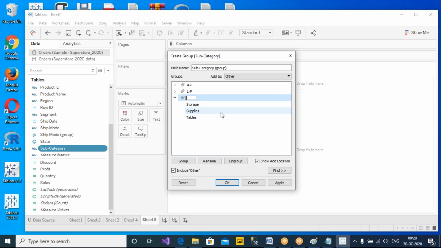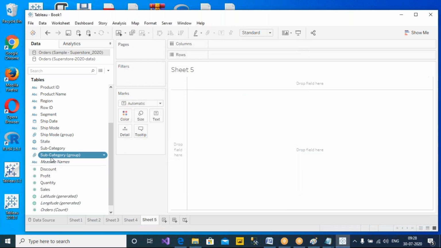So I'm creating 3 different groups here, and unless you click on apply and say okay, that group will not be created. We can create a group from the visualization, or by right clicking on the dimension and creating it there.